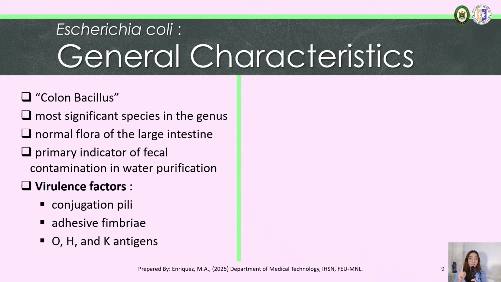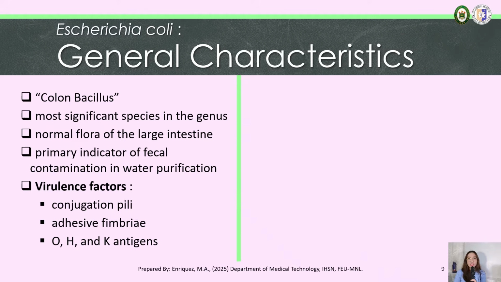So ang problema po, if the donor cell contains a DNA that carries the genetic code for antimicrobial resistance, pwede niya po itong ipasa to other cells that do not yet have the code for antimicrobial resistance. So isa po ito sa mga ways on how multi-drug resistant organisms are spread.